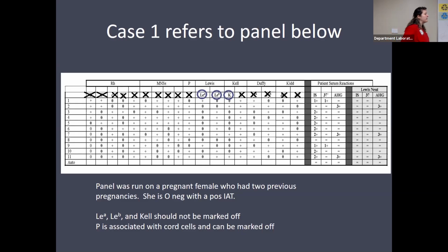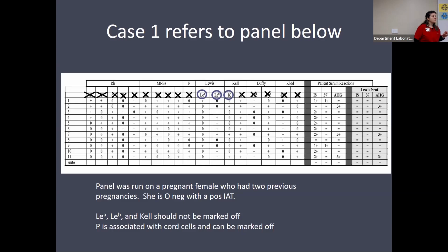Do you remember anything about the Lewis antigens during pregnancy? The antibody is IgM, so it can't cross the placenta, therefore it's not really a concern in causing hemolytic disease of the newborn for the fetus. But for the antigen expression, remember your Lewis A and Lewis B are on the oligosaccharide of your red cells, okay?